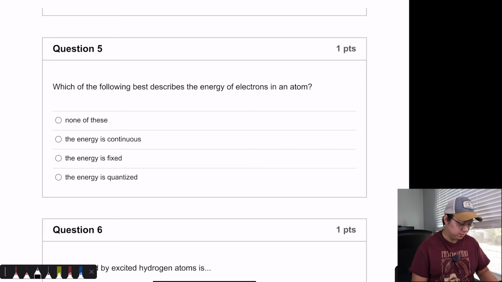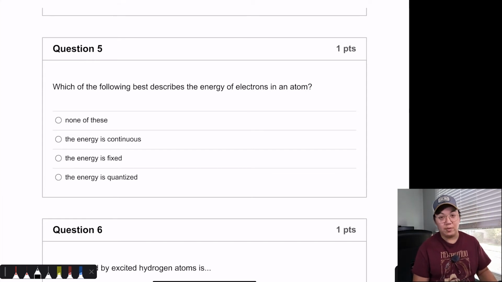So question 5. Which of the following best describes the energy of electrons in an atom? So none of these, or the energy is continuous, the energy is fixed, or the energy is quantized. A little keyword test here.